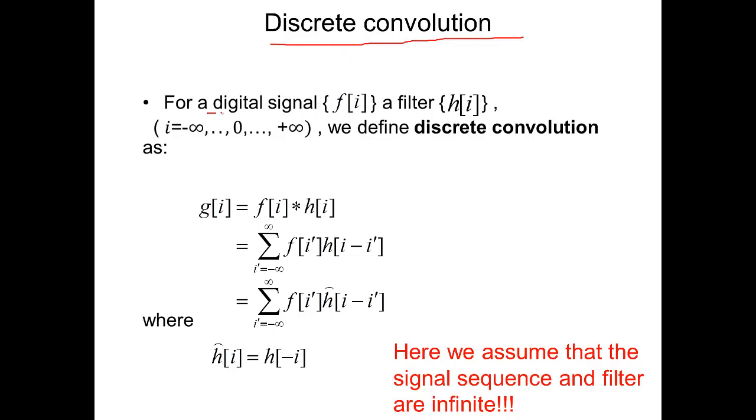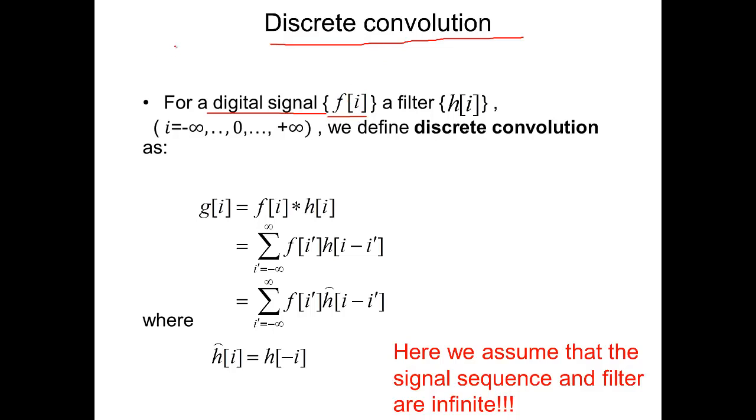So for a digital signal f, we just assume that it is a sequence of numbers.